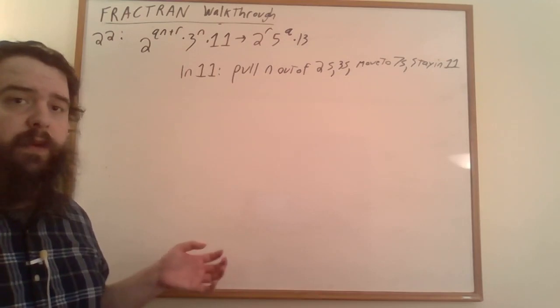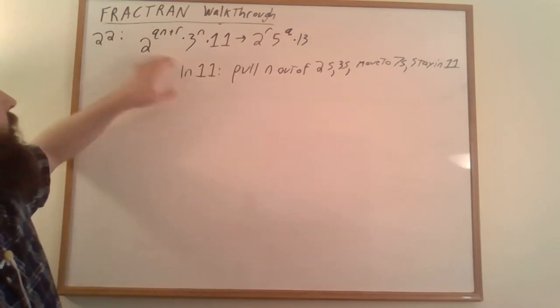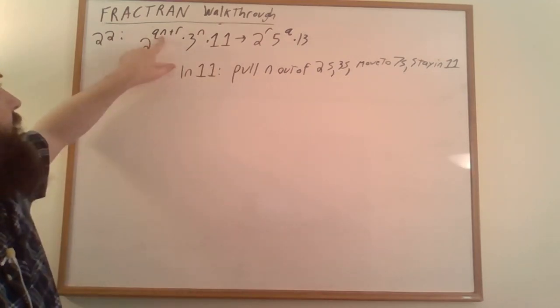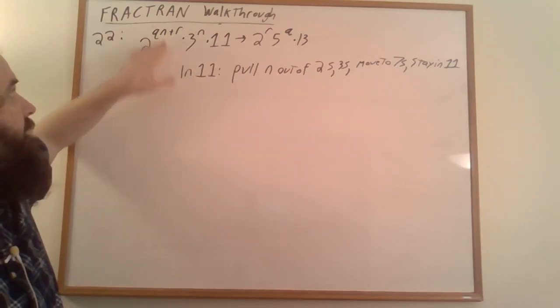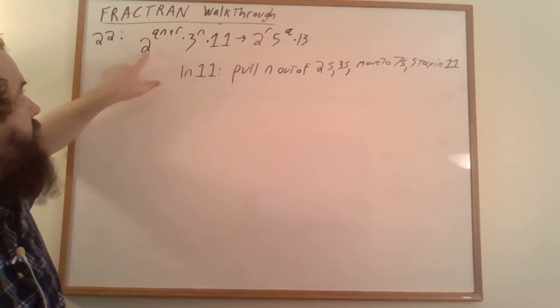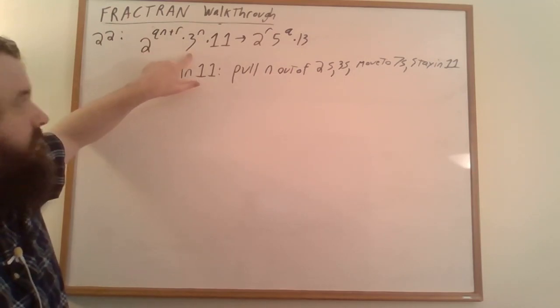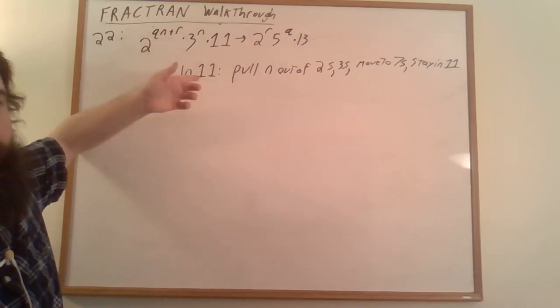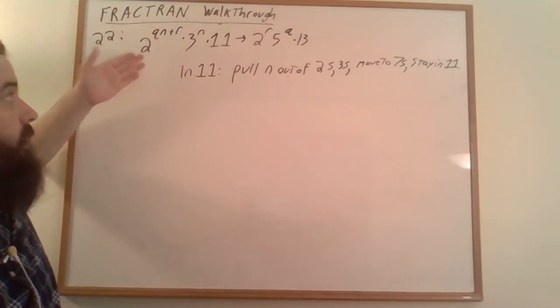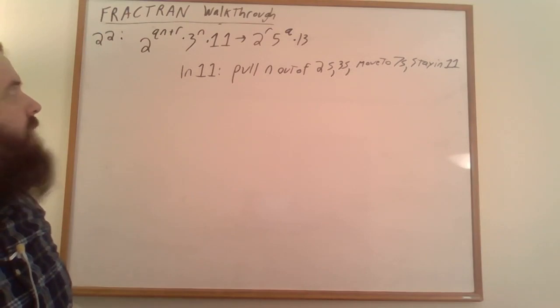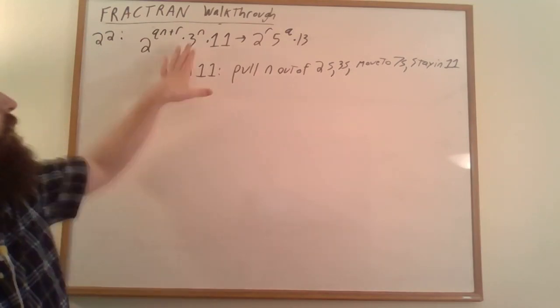The first thing that we're going to want to do is pull one copy of n out of the exponent of 2. And in order to do that, we need to remove counters from both the 2's register and the 3's register. And then when the 3's register is empty, we'll have removed n counters from the 2's register. And of course, we want to keep the value from the 3's register.